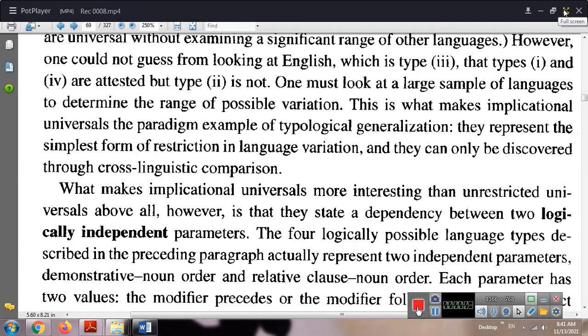In the previous session we talked about unrestricted universals and implicational universals. As I told you, we have two kinds of universals, implicational and unrestricted.